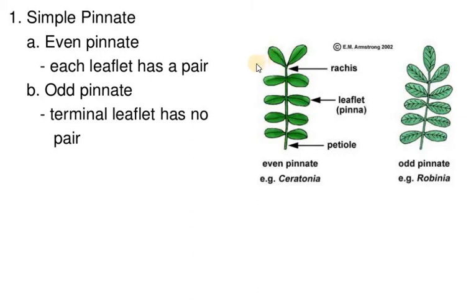That means leaflets are even, so it is called even pinnate. And this is called odd pinnate, where the terminal or the tip of the rachis has only one leaflet. So if the tip contains two leaflets, that is called even pinnate, and if the tip contains only one leaflet, that is called odd pinnate.